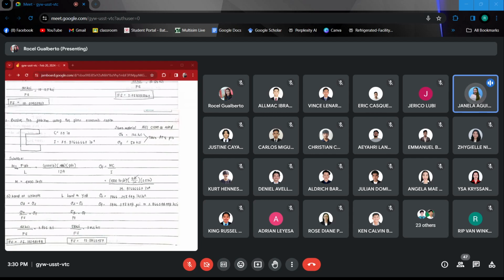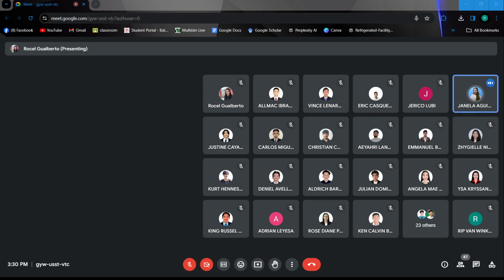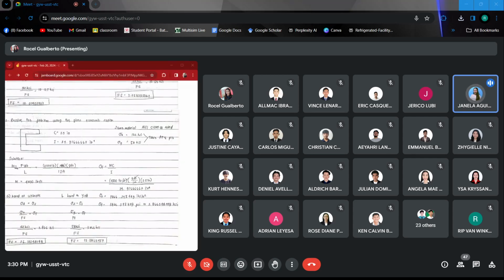So for the formula of flexural stress, sigma F is equals to MC over I. So for 1,500 pound-feet times 2.5 inches, yung pound-feet po ay convert natin. Then, ang value po na nakuha natin for flexural stress ay 3866.348449 pounds per inch squared.